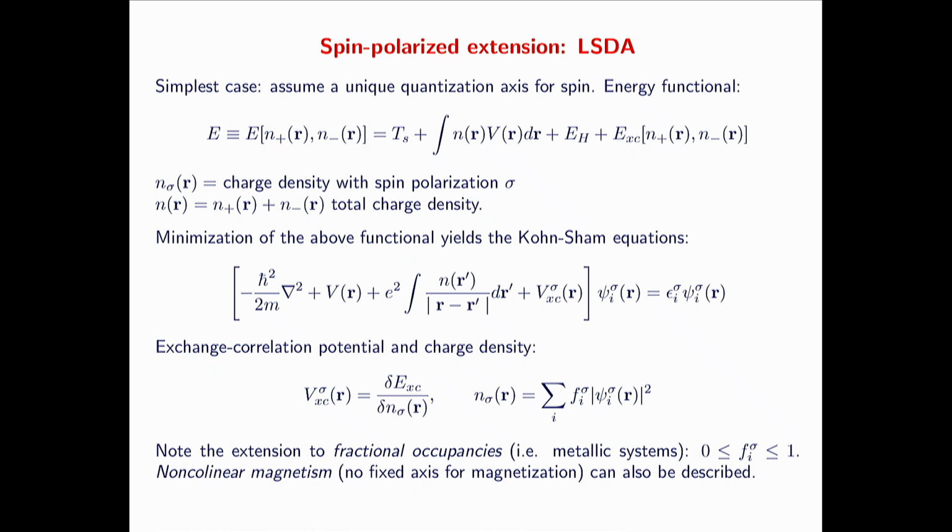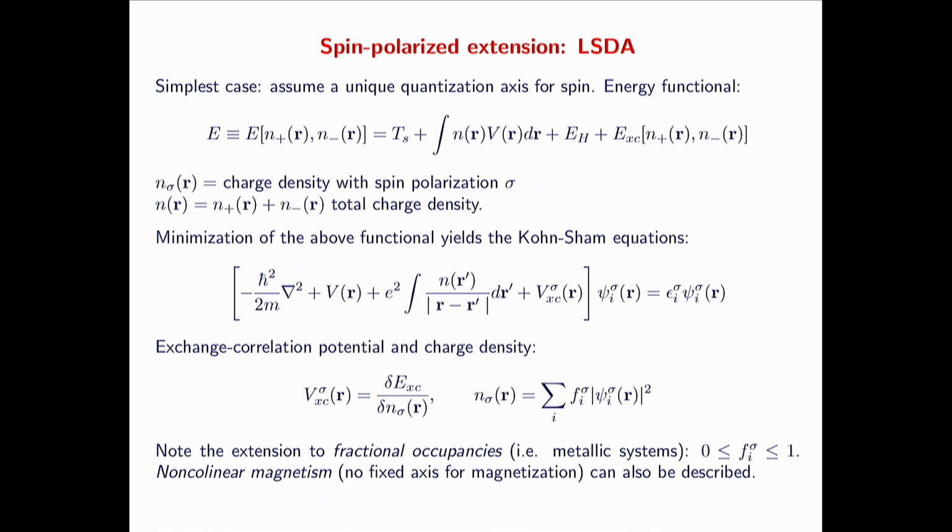In that case, you have spin up and spin down charge densities, and you can write an exchange correlation functional as a functional of both. More often than not, these energies are written in terms of the total charge density and the local polarization, the difference between spin up and spin down at a given point.